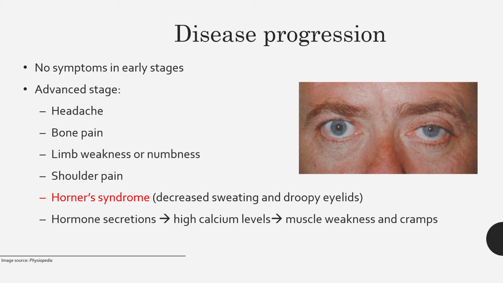Also, the tumor can invade into the nervous system, leading to something called Horner's syndrome, which presents clinically as decreased sweating and droopy eyelids as shown in this image. High calcium levels due to hormone secretions triggered by this tumor can result in muscle weakness and cramps. This can also be due to the tumor spreading to the bone and causing calcium release from the bone itself.